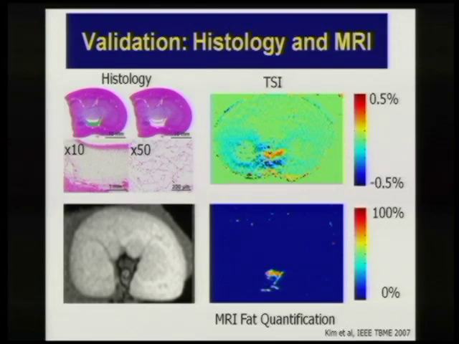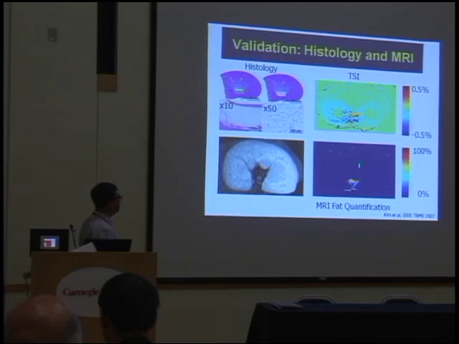As a gold standard, we did histology, which tells you there is fat here at the center. We also compared TSI with a well-known MR fat quantification. MR has a great capacity to quantify fat, which matches very well with our identification.